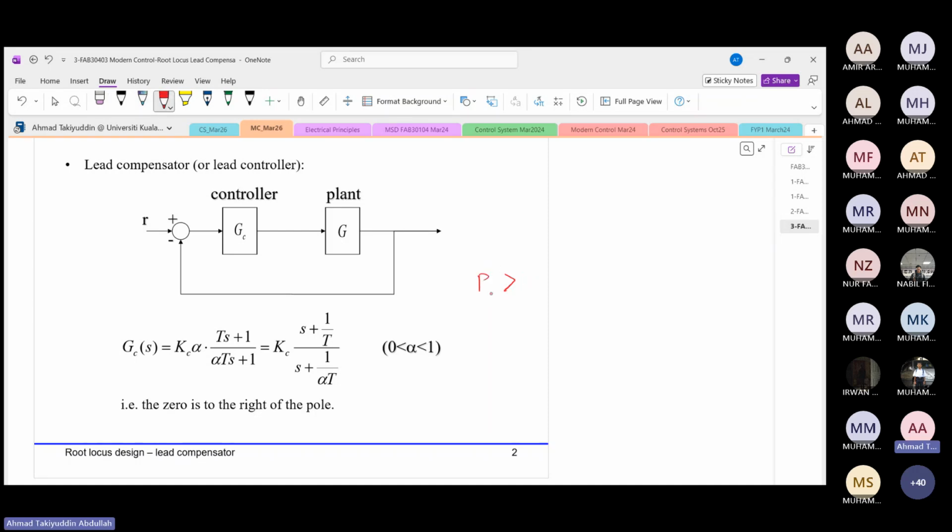So this is the rule of thumb of the lead compensator. It is the opposite of what we have in the lag compensator.